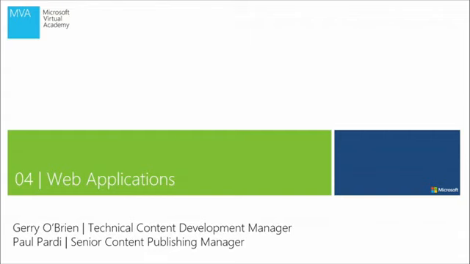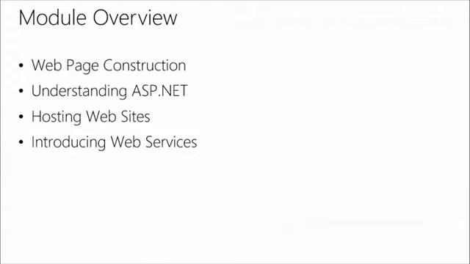But what we're going to take a look at here from this perspective on web applications basically is a quick overview of web page construction and talk a little bit about the difference between HTML versus an actual ASP.NET or a web application itself. And then we'll gain a high-level understanding of ASP.NET, which is Microsoft's platform for web applications, which will help you understand a little bit of the differences between just a core HTML page and an actual web application that has some functionality.